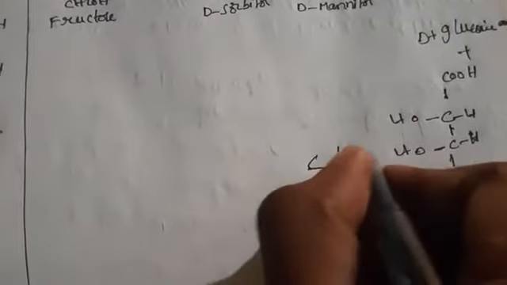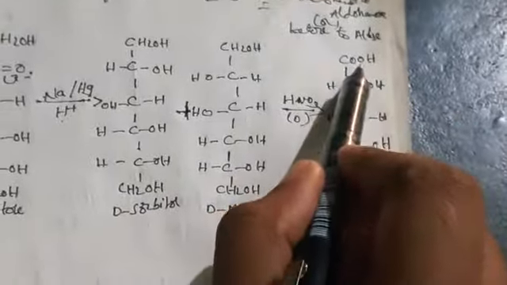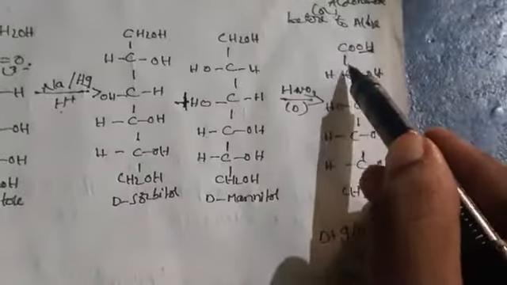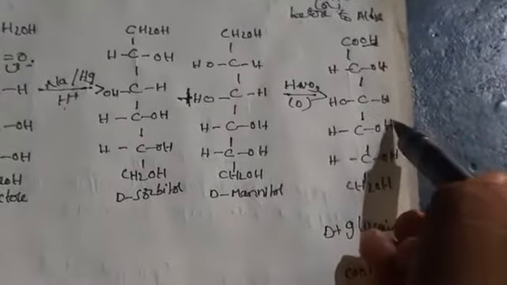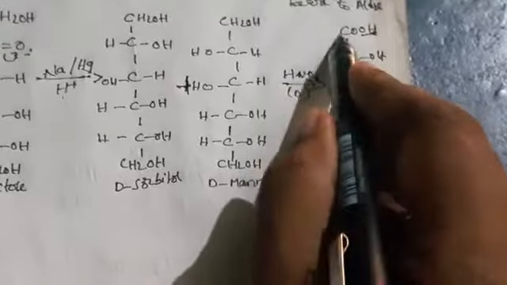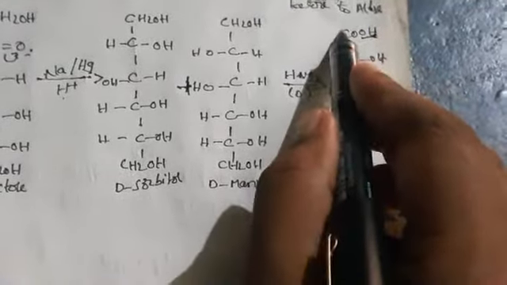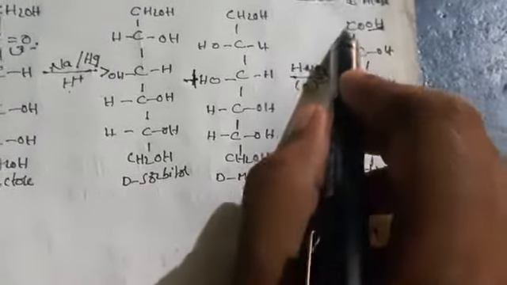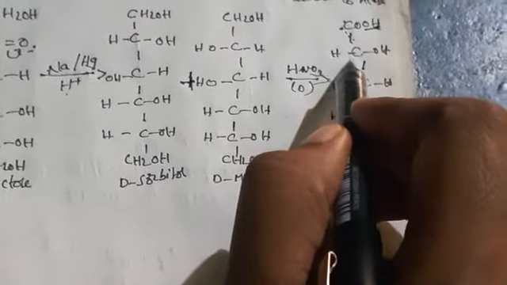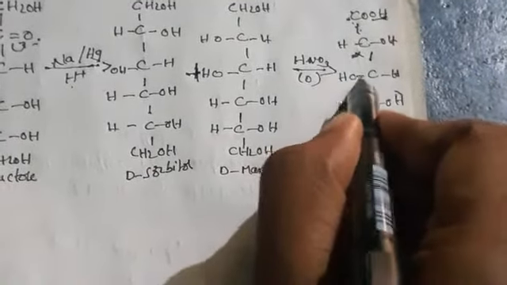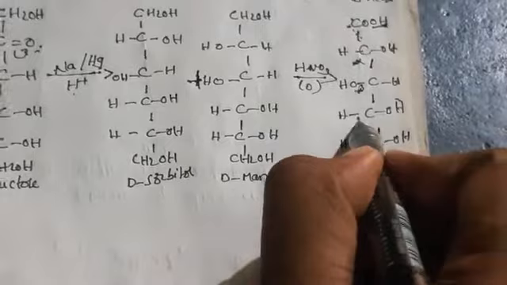In the presence of acids, we can easily remove water molecules from this. So here the OH from the first carbon and from the fifth carbon we are removing. After the functional group, this one will be the first position: alpha, beta, gamma.